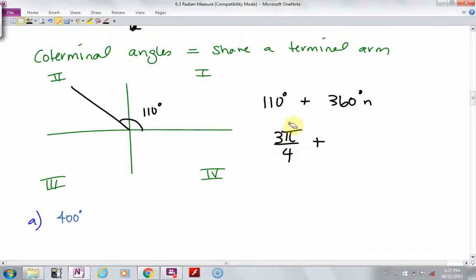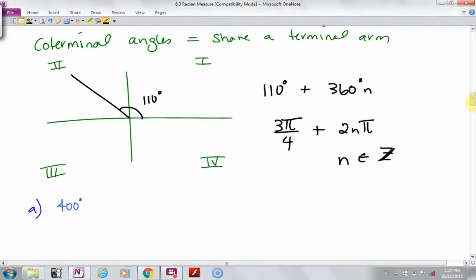What do I add to get coterminal angles when I'm in radians? 2 pi n. And normally we write 2n pi. It is more traditional to stick the n in before the pi. I don't know why. But you'll see that in your textbook more often, 2n pi. Okay? Where n is an integer so that we are adding and subtracting multiples of 360 because n can be positive or negative numbers.